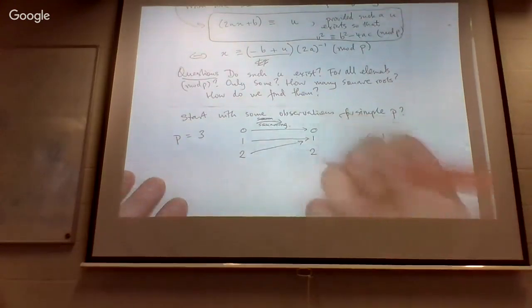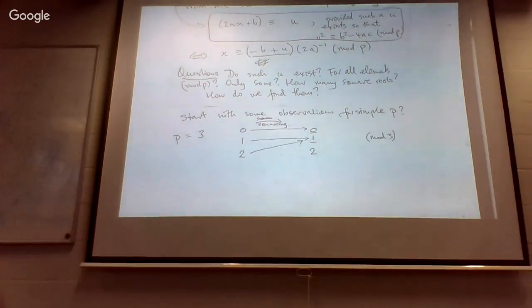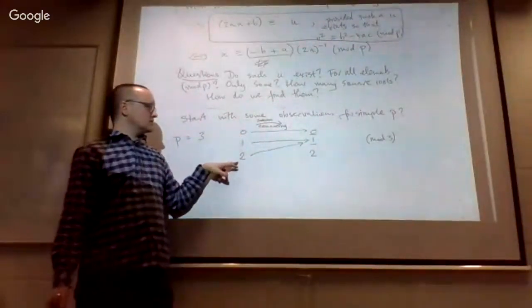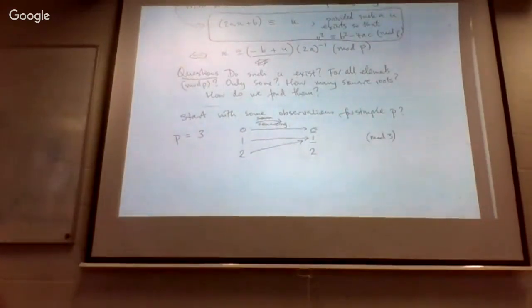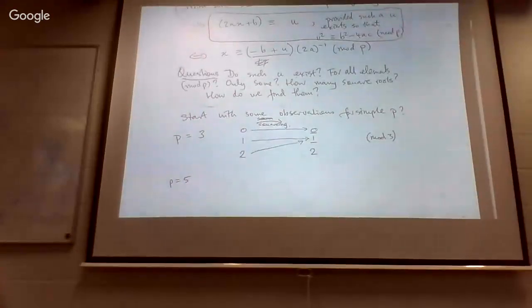So we've got two things that have square roots mod 3, because everything is congruent to 0, 1, or 2, and they square to give you 0 and 1. And 3, okay, isn't that rich an example.